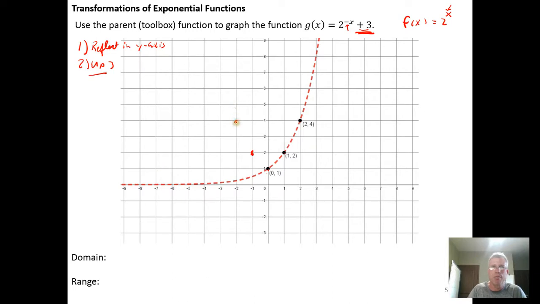Move up from here, goes up 1, 2, 3. So it winds up at negative 2 and 7. This one moves up 3: 1, 2, 3. It winds up at input negative 1, output 5. This one moves up 3 and winds up at 0, 4.